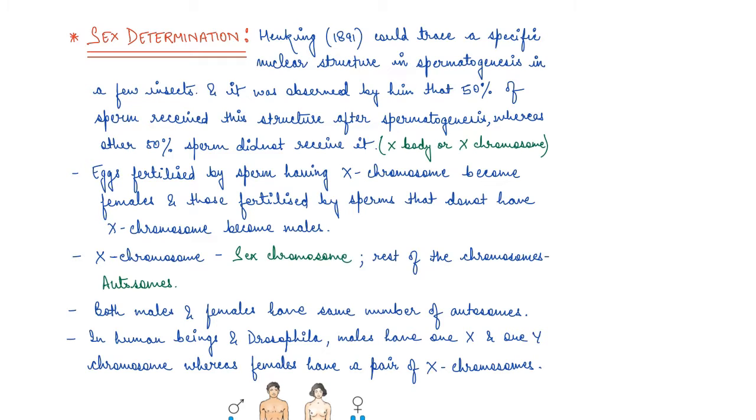He also observed that 50% of the sperm received this structure after spermatogenesis, whereas the other 50% did not receive it, right?